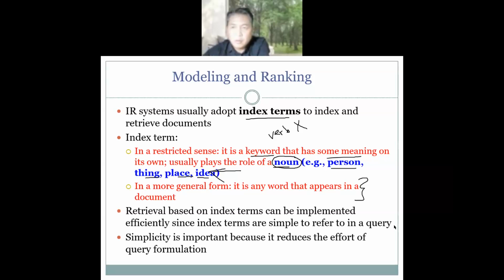For retrieving the document, we use the index term, and there are some methods on how we index the document. When we index the document, or give some kind of tagging, we need to build a framework on how to put the document and the index term together, how to link them. Simplicity is important because it reduces the effort of query formulation.